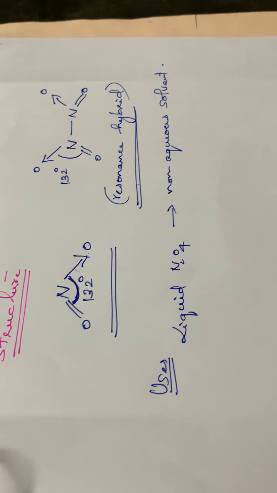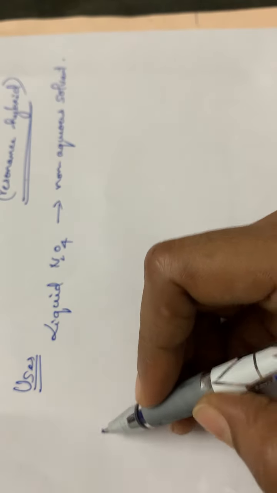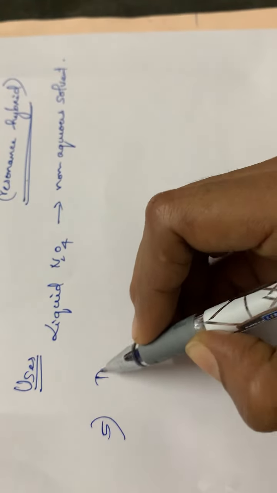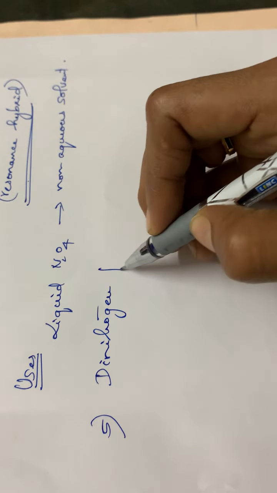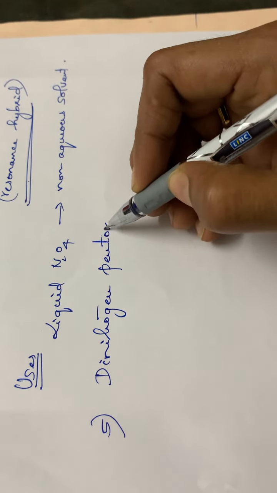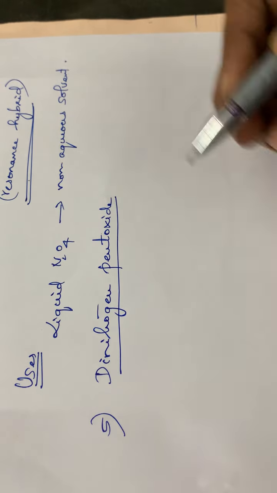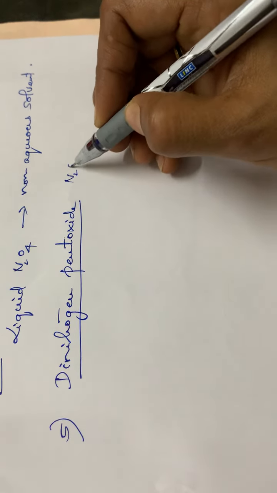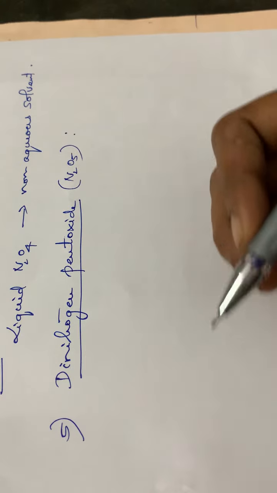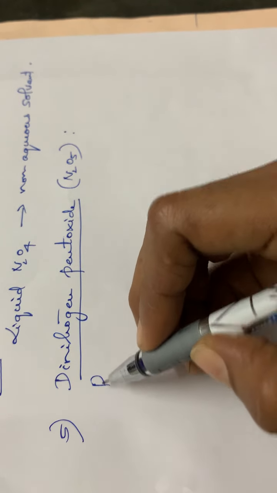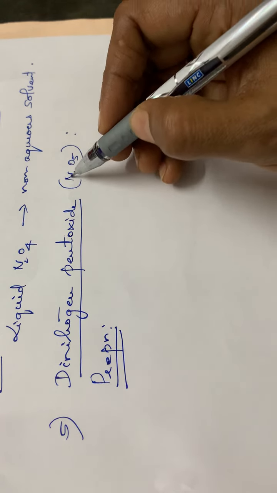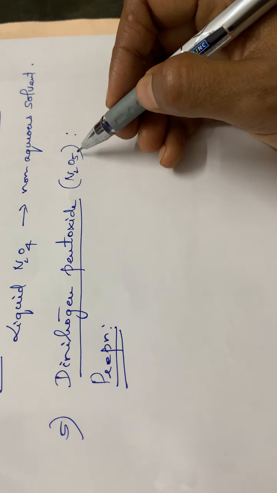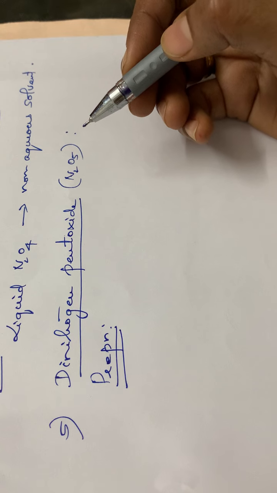Okay, next we can go through the fifth compound, dinitrogen pentoxide, that is N2O5. First is the method of preparation of dinitrogen pentoxide. Dinitrogen, 2 nitrogen, then 5 oxygen, so it is pentoxide.